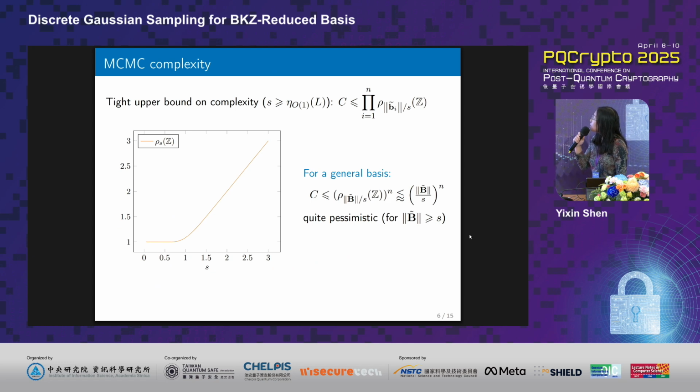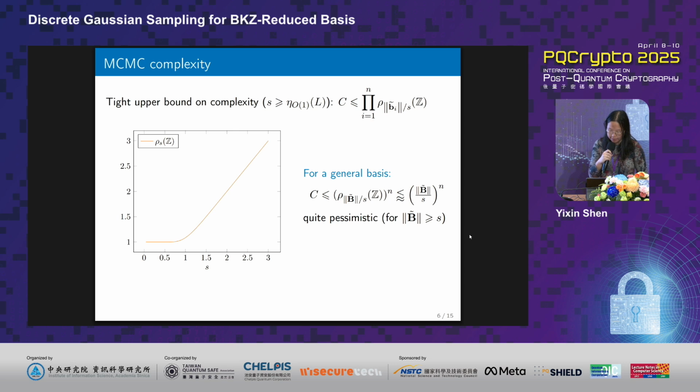So now let's see what we can say about the product term, which is a product of different Gaussian masses for Z, for different parameters S. So let's see how rho S of Z behaves. For S smaller than 1, it's really close to 1.